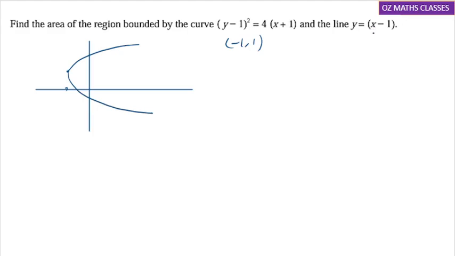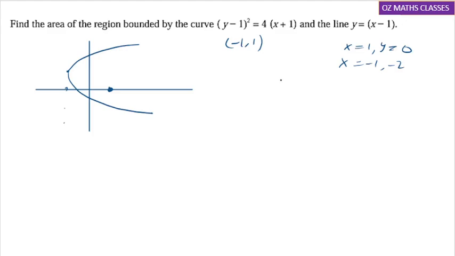First plot this line. When x equal to 1, y equal to 0, and when x equal to minus 1, y equal to minus 2. So 1 comma 0 is one coordinate, and minus 1 comma minus 2 is the other.